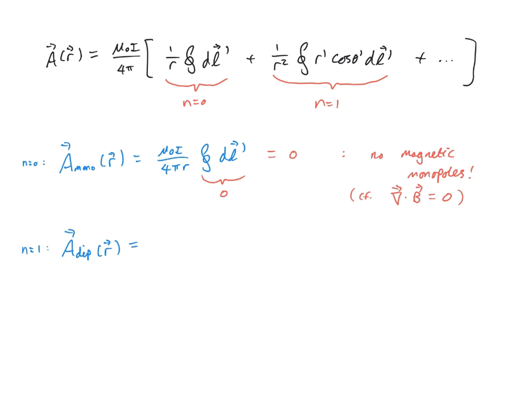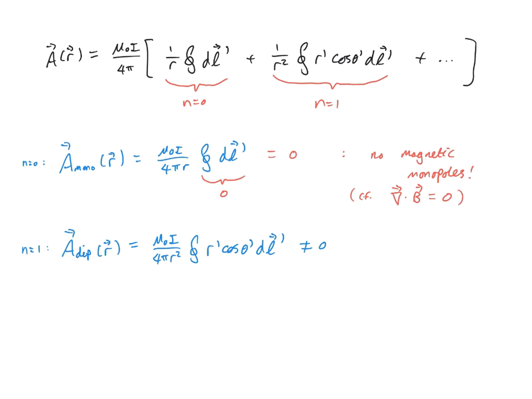And this one is mu naught I over 4 pi r squared, and then the integral around the loop of r primed cos theta primed dl primed. And this is not 0.